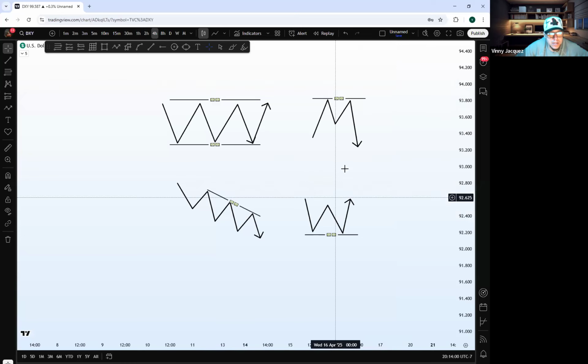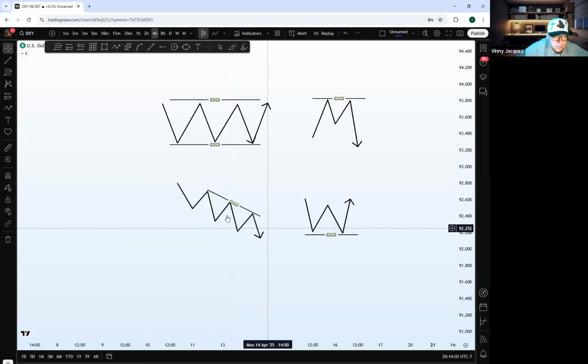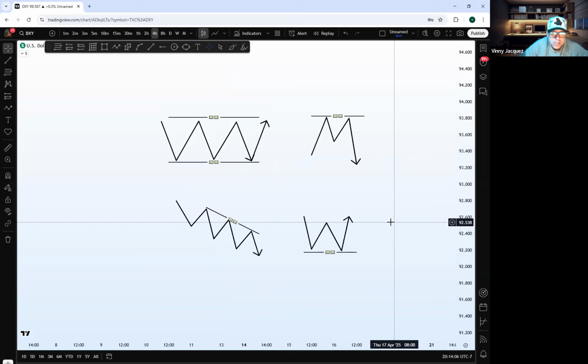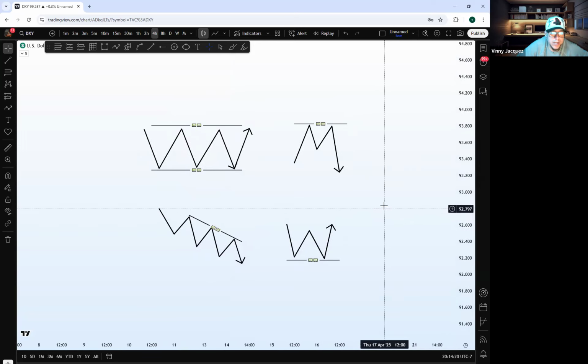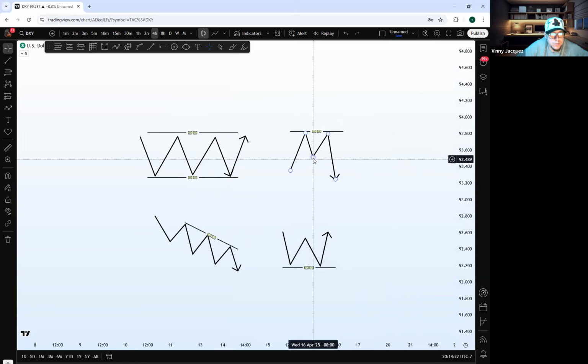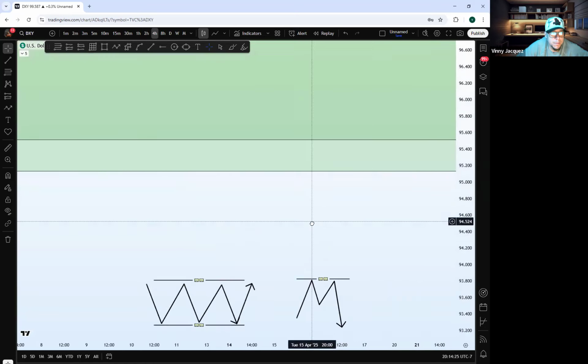I kind of just combine these two into this one and then look for this, if that makes sense. I try not to overcomplicate liquidity, to be honest. I didn't really know what liquidity was my first year, 2 years, and I was still doing fine in the markets, just strictly focused on market structure. So take that with a grain of salt, pretty much. But I hope that makes sense.